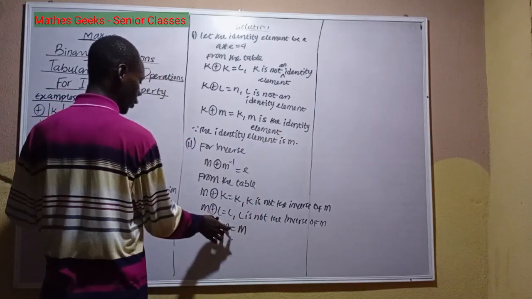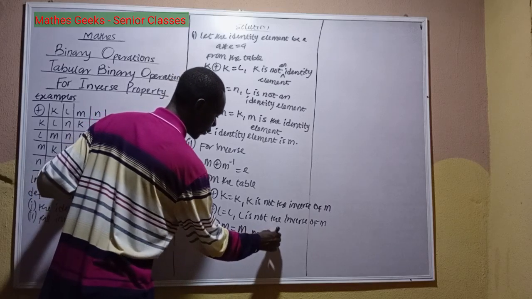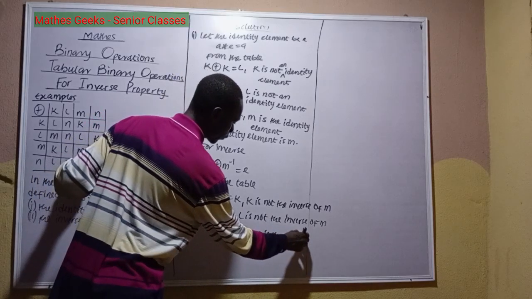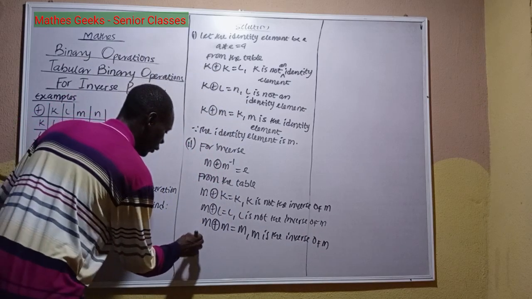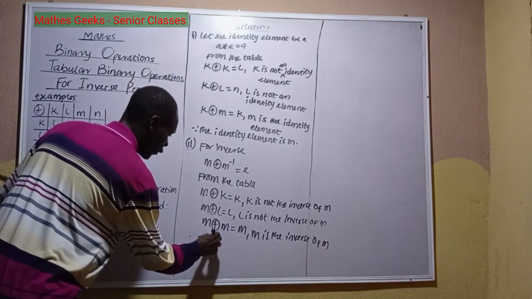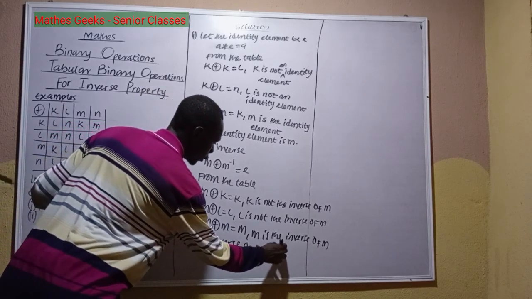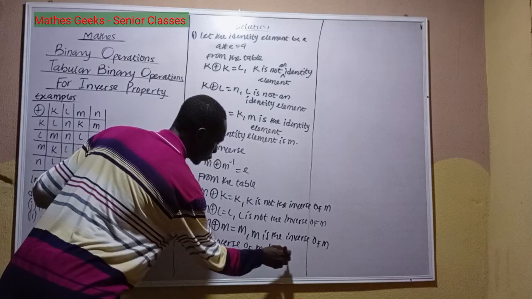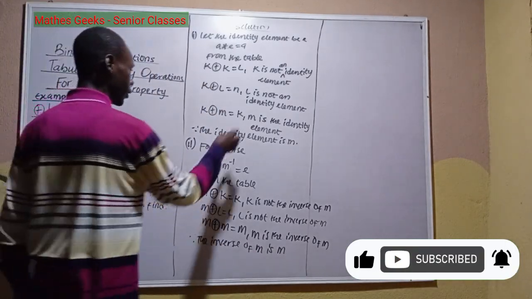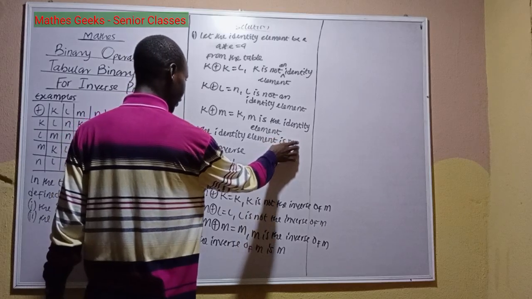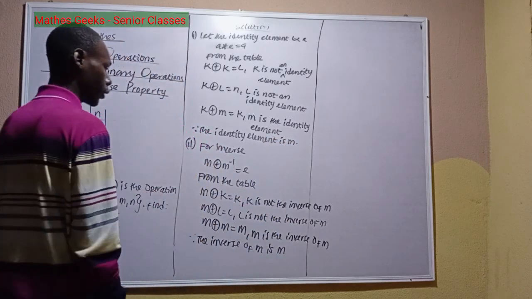So N operation N gives us the identity, which means N is the inverse of N. Therefore, the inverse of N is N. This is quite unique because N is the identity element, and it's also the inverse of N. So that's the answer.